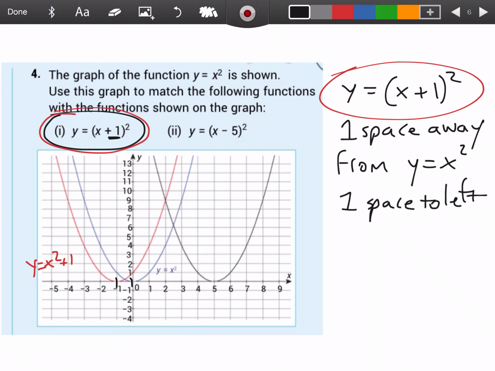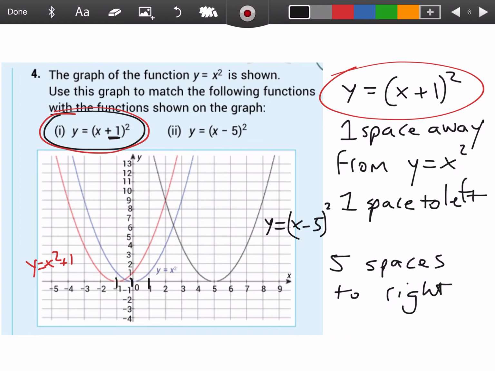So that tells me then the second one has to be this one here. y is equal to x minus 5 squared. And that's 5 spaces to the right from the original. As you can imagine, we're there and we move 1, 2, 3, 4, 5 spaces to the right. And that's all there is to it.